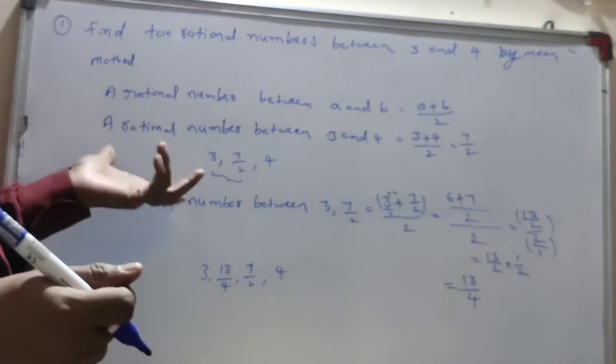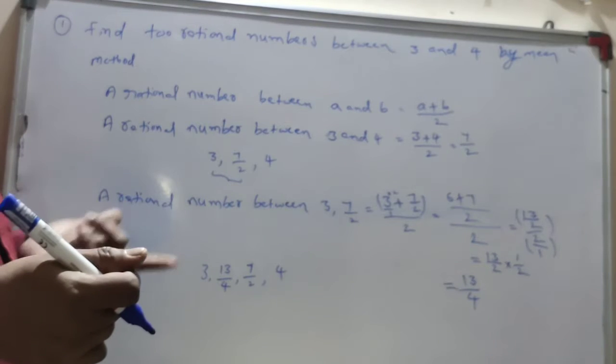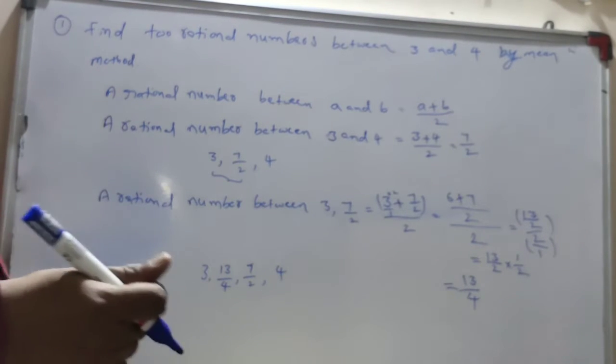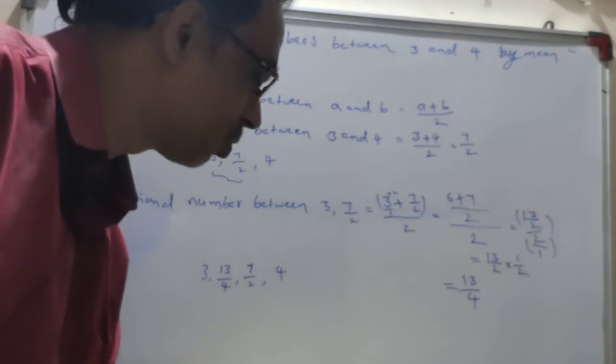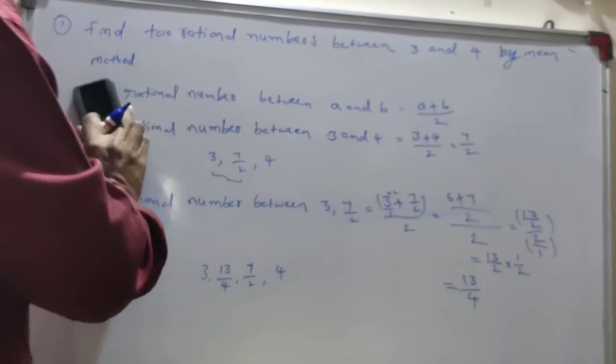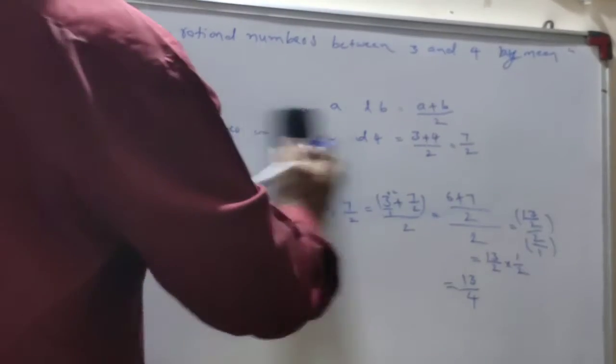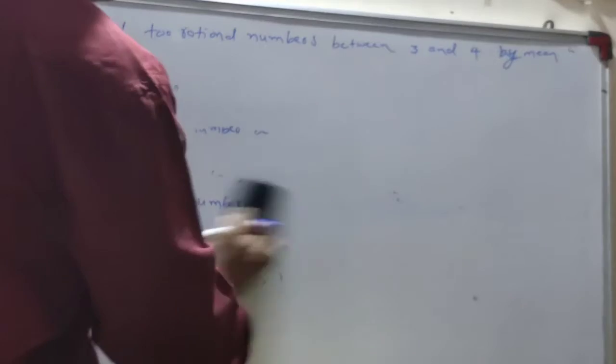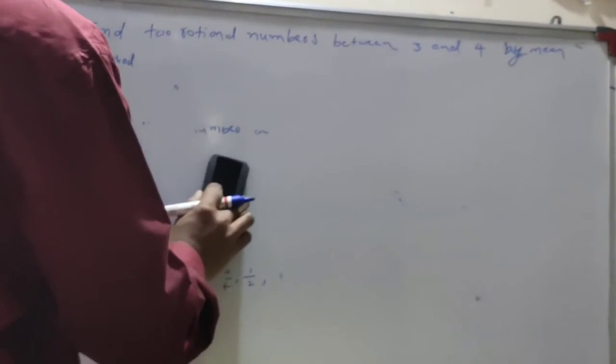Okay, so this is one of the ways, and we have the next method, which is the one step method, the very easiest one. So let us see that one. In the second method, we have to write the number of fractions.